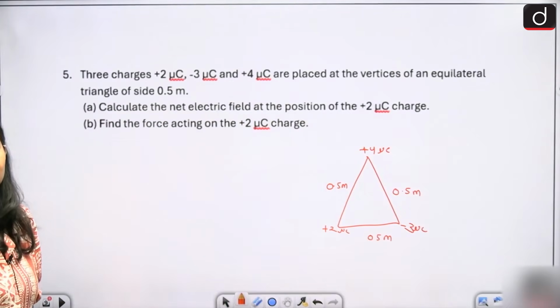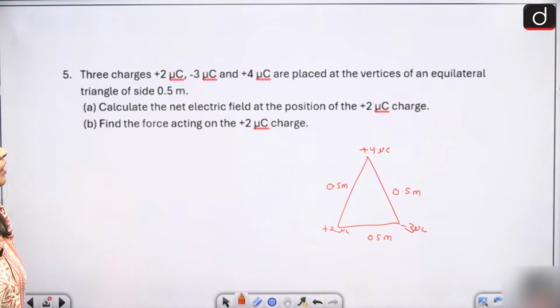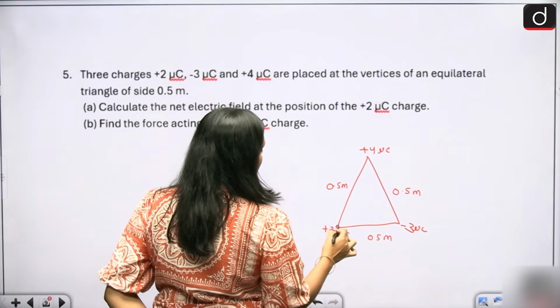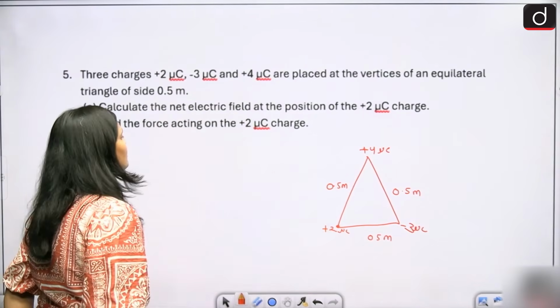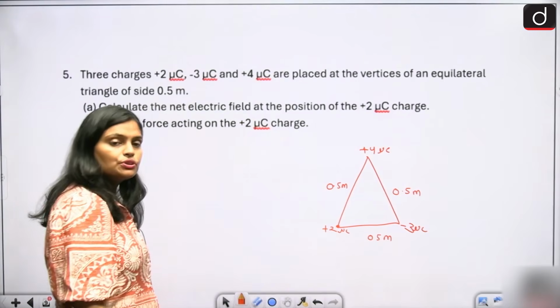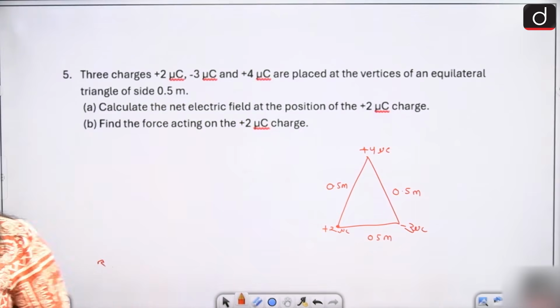Am I clear? Calculate the net electric field at the position +2 mu c. Find the force acting on +2 mu c. So at this position only you have to calculate the net electric field as well as the force.